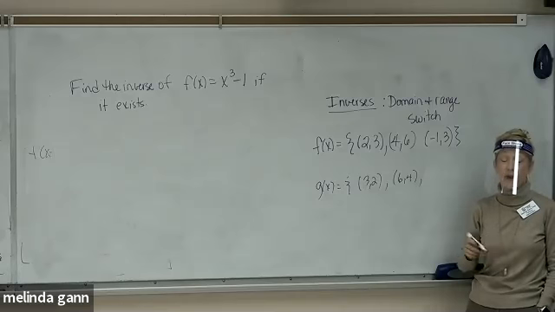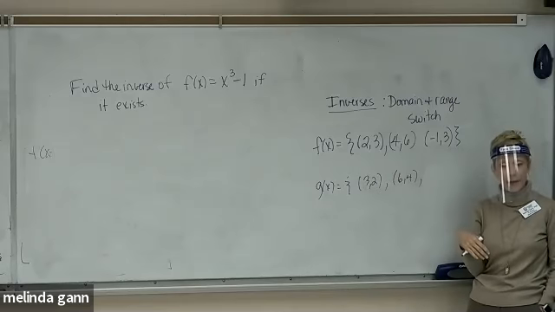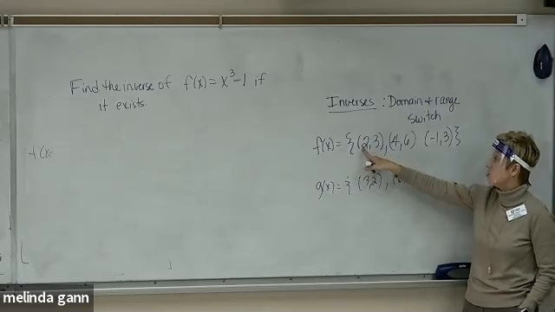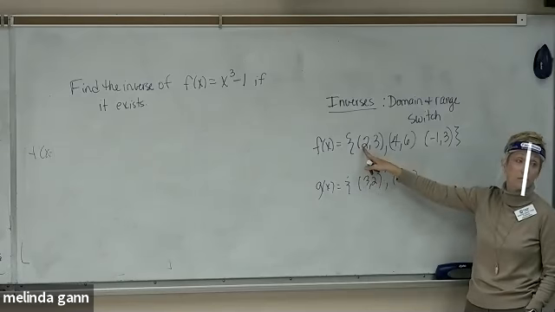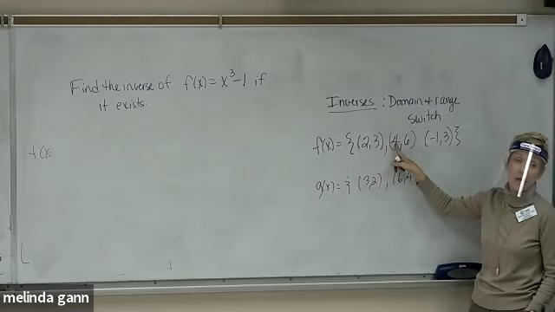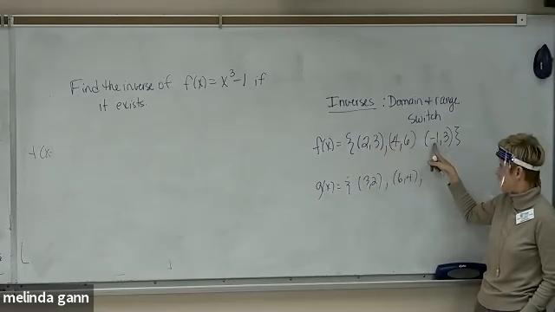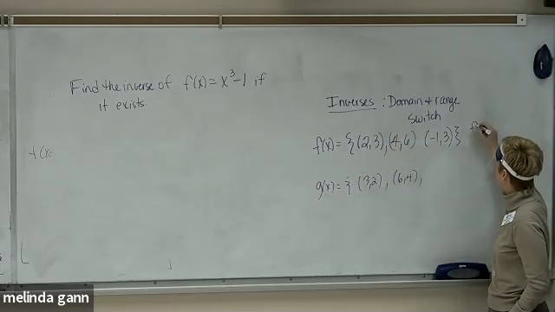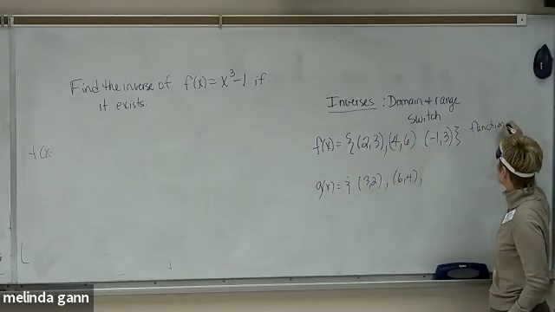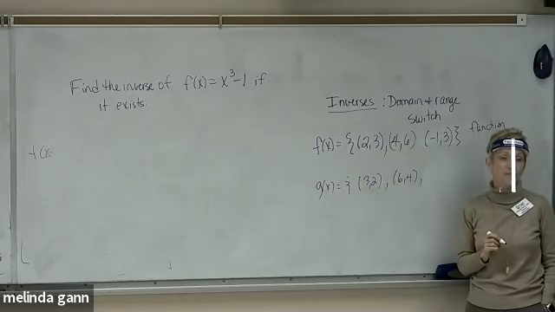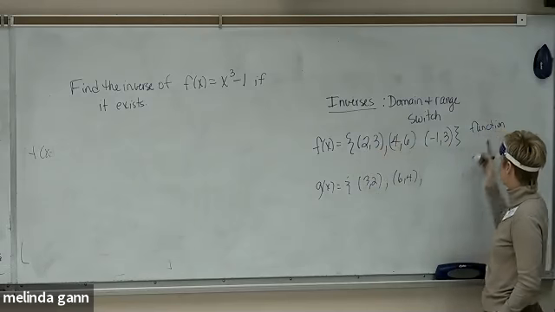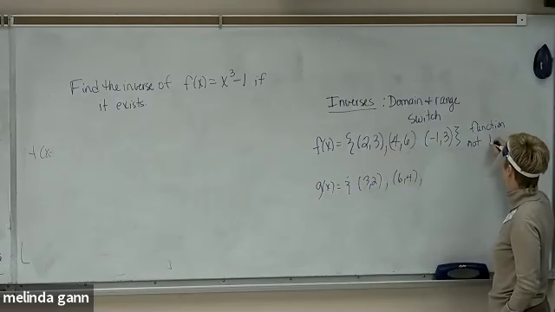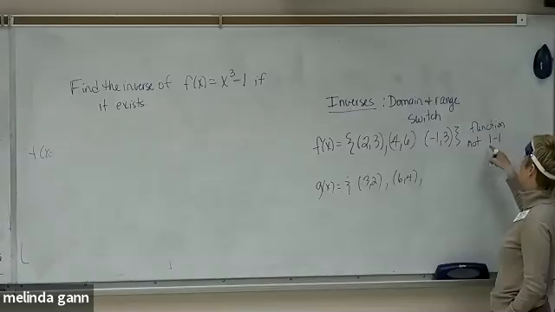Doesn't the function say for every x there's only one y? So 2 went in, how many numbers came out? 1. 4 went in, how many numbers came out? 1. -1 went in, how many numbers came out? 1. This is a function. Is it a one-to-one function? No, it's a function, but it's not one-to-one. That's a shortcut way of saying one-to-one.